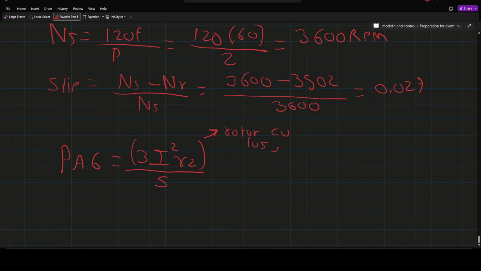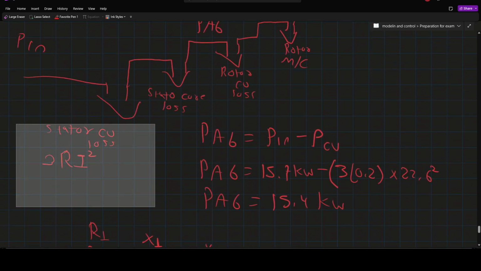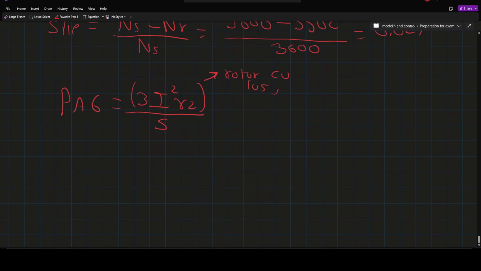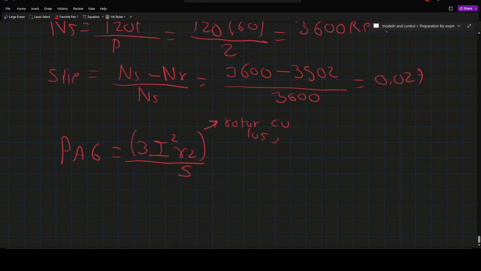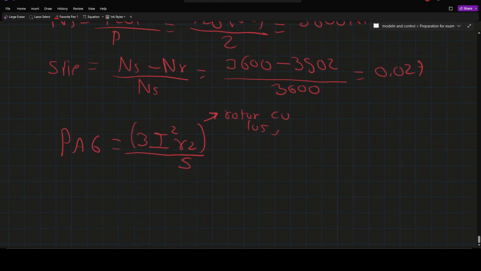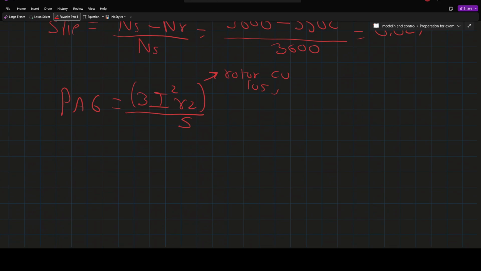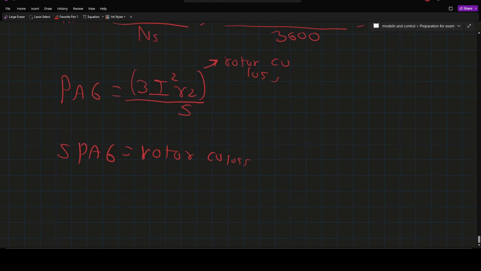This formula is just like the formula for the stator copper loss, it's just that we are dividing by the slip because we have this model of a variable resistor. So if we multiply our slip by our air gap power, we get our rotor copper loss.